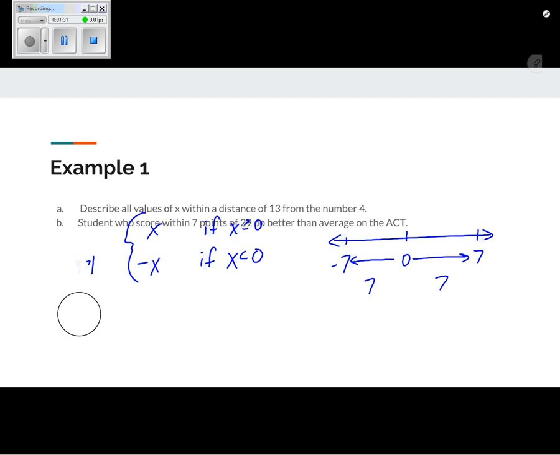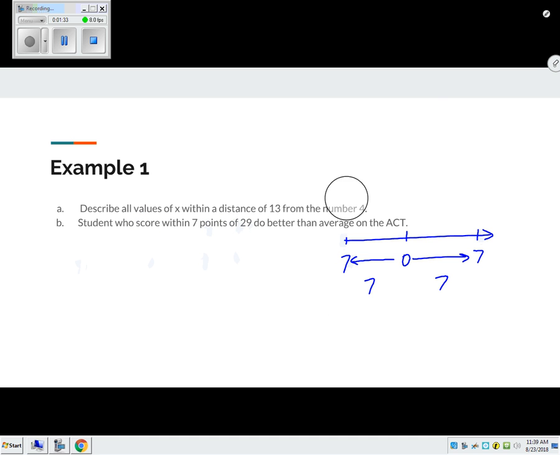So part of your homework tonight is going to want you to set up some absolute value equations, and then we'll start solving. Now, whenever we talk about distance in an absolute value equation, the distance is always my answer. It's always what's on the right side of either the equality or, in this case, inequality. Because here, I'm wanting all the values that are within 13 units of the number -4.